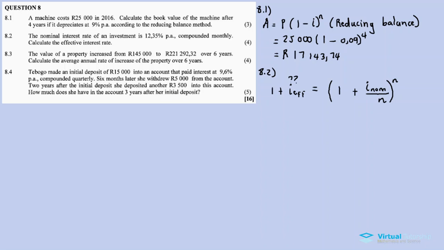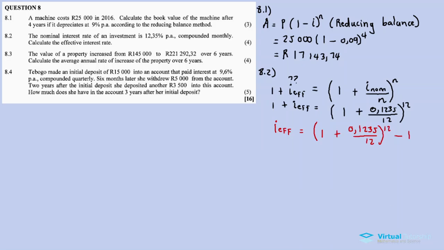For the effective interest rate, let us substitute. I substitute the nominal interest rate divided by 12, which is the compounding period. Therefore I transpose the 1 so that I effective remains.